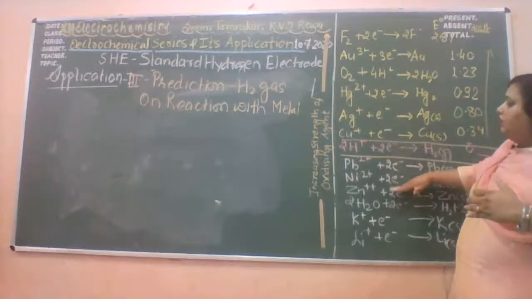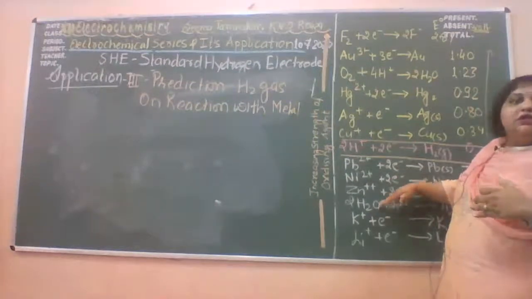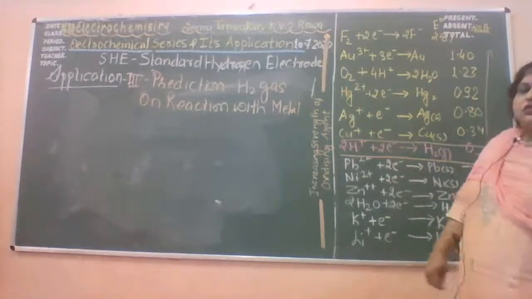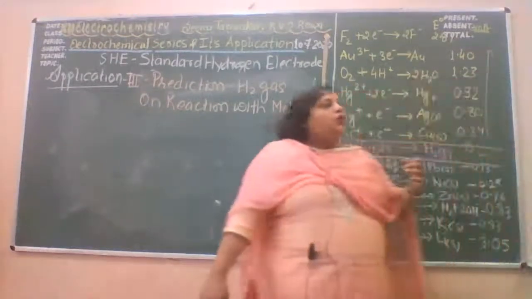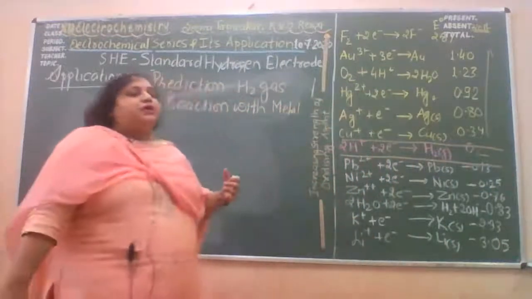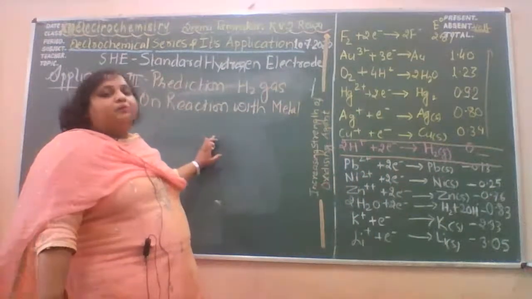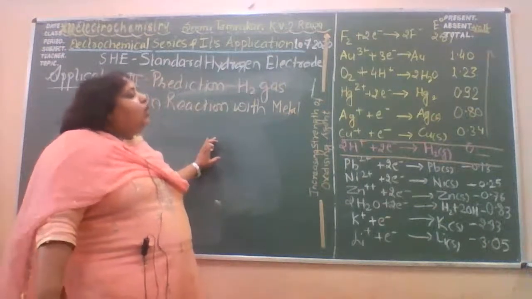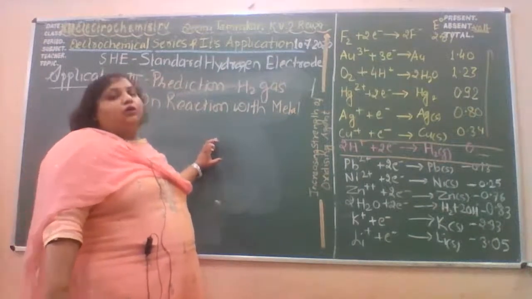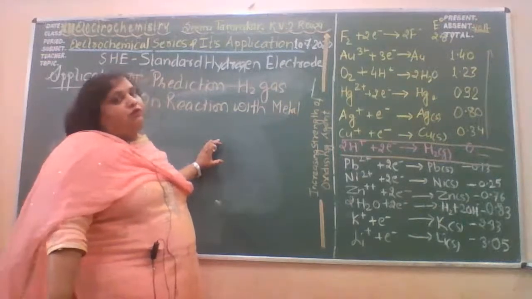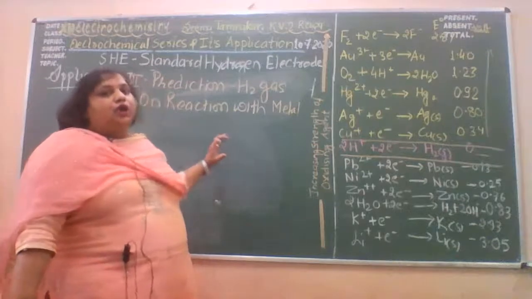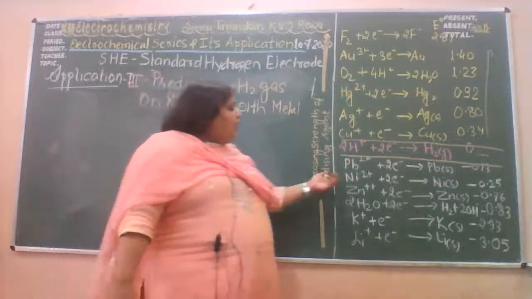But all the elements below the hydrogen, they will evolve hydrogen gas. So my question was, if you do the experiment and you dip zinc granules, nickel, copper and gold, which of these will evolve the gas? So definitely, I think your answer will now be nickel and zinc.